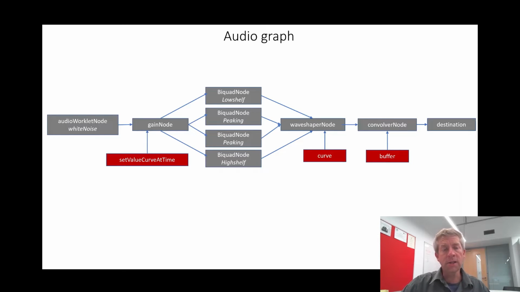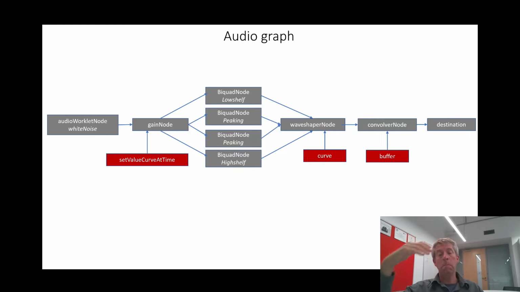So here's an example of an audio graph, a visualization of what's happening inside of an audio context. In this case, we start off with what's known as an audio worklet, which we will talk about in a later video. This one generating just noise. We pass it through a gain node where the gain is shaped over time, and then it goes into several parallel filters to shape the frequency spectrum.